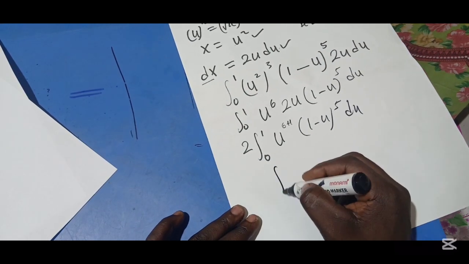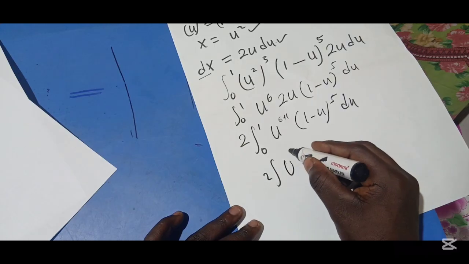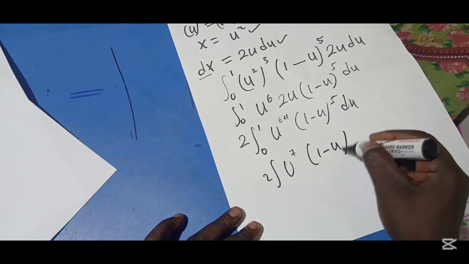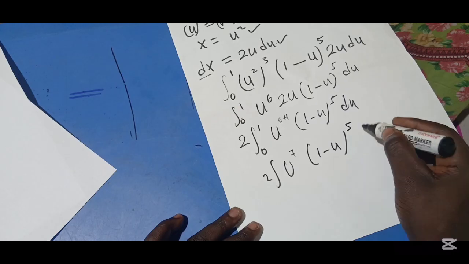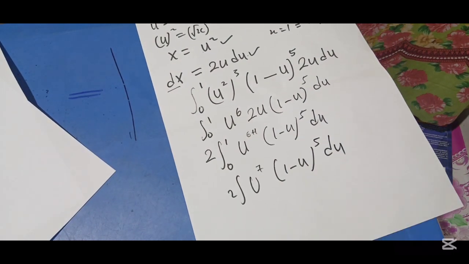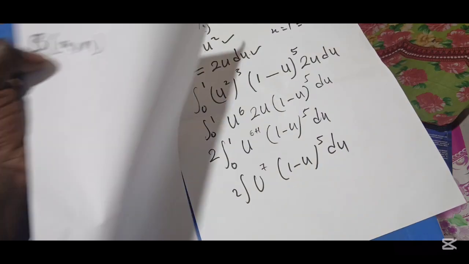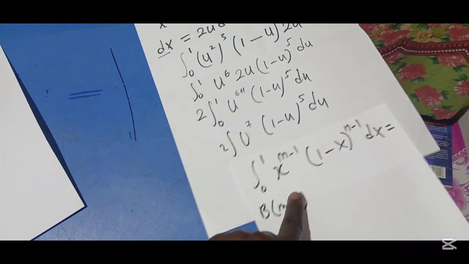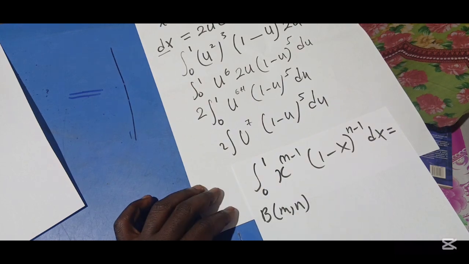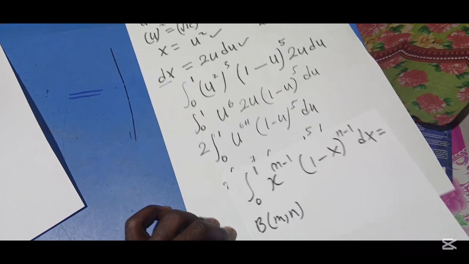So this is going to give us 2 u to the power 7, 1 minus u to the power 5 du. So now that we have our term, which looks like the general definition of beta functions, we can go ahead and apply the rule.